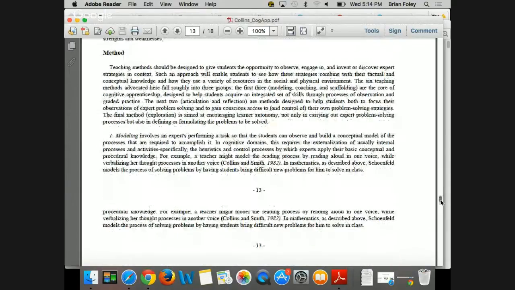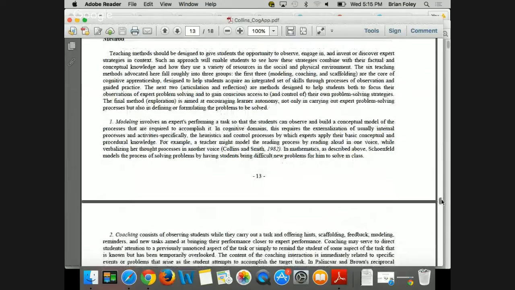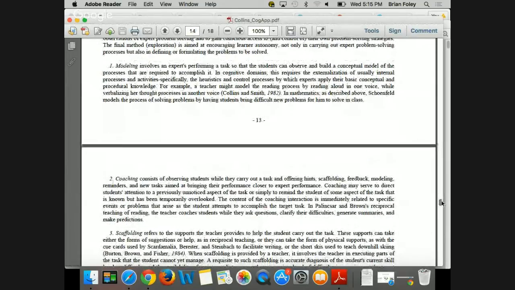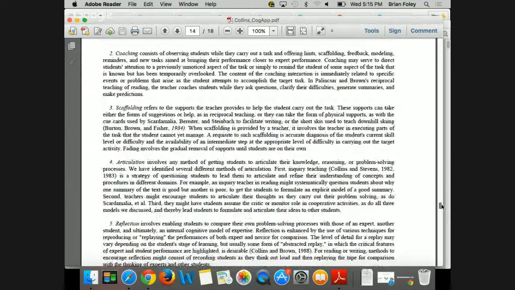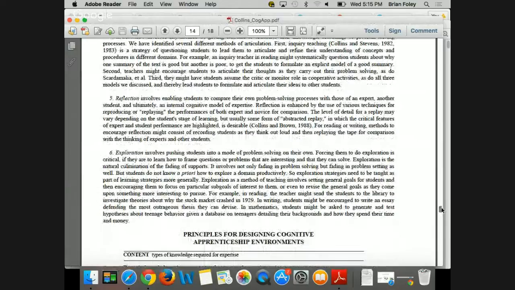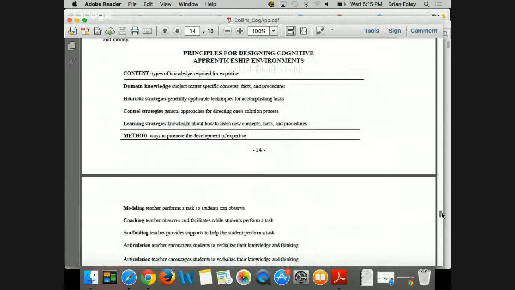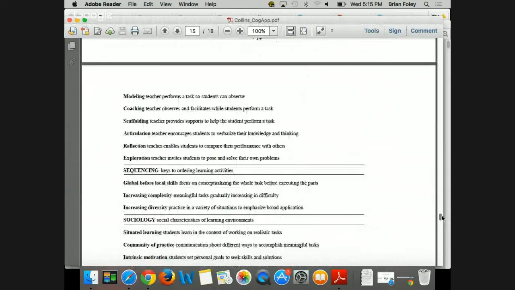All right. Cool. The list of methods is pretty good. They talk about coaching, scaffolding, and articulation. So they do a nice job of articulating what these things are. And then they have their lists. That's right. This stuff is pretty good. Gives you a good sense of where it goes.